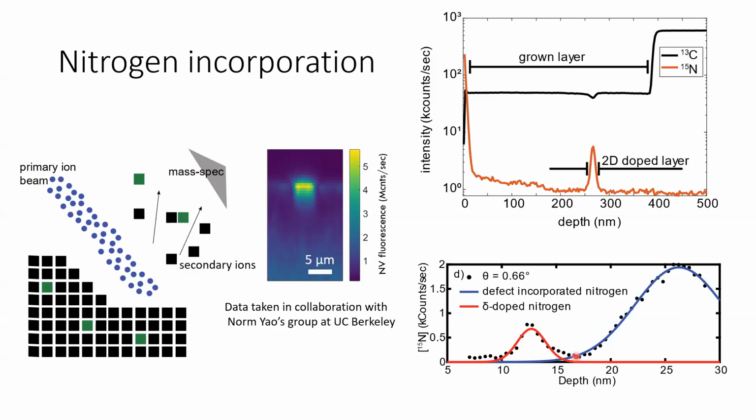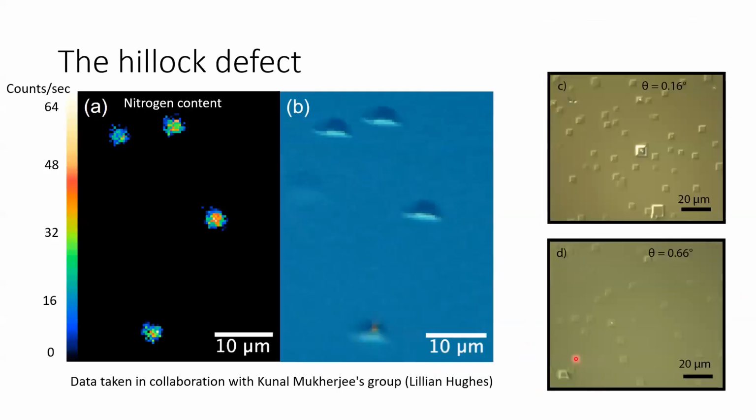There's the step flow growth that I mentioned earlier, but then there's also these hillocks, which are a particular kind of growth defect. What we found is that the nitrogen incorporation into these hillocks is orders of magnitude higher than into the bulk, which then means that, of course, our spin density is going to be orders of magnitude higher.